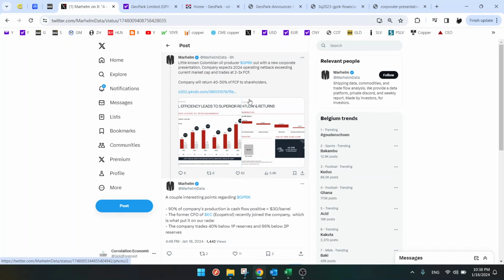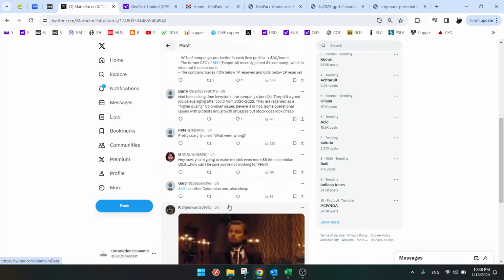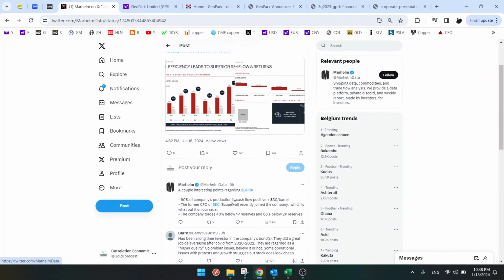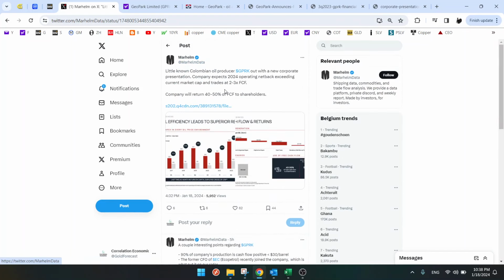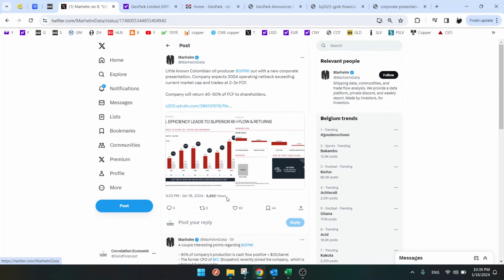Yeah, I didn't talk about cash. He only talks about market cap and free cash flow. Operating netback exceeding market cap.